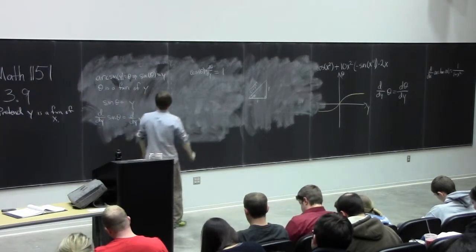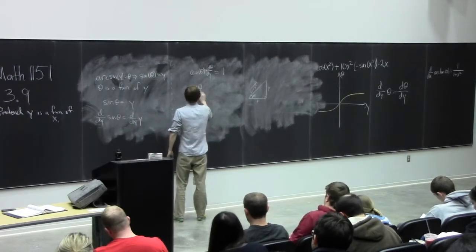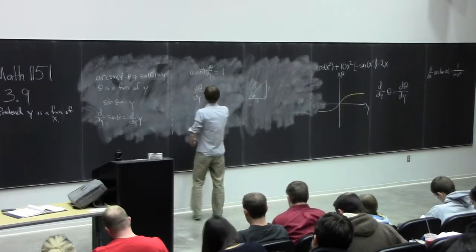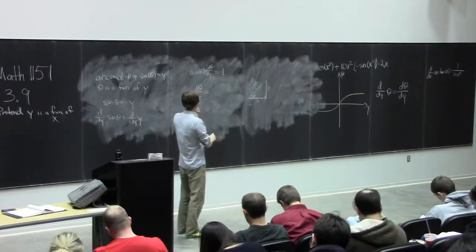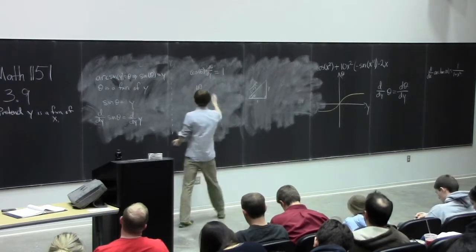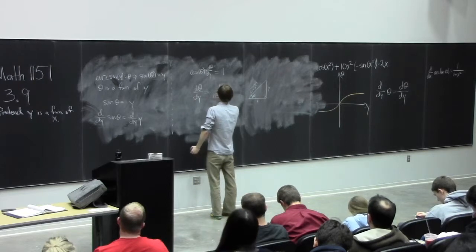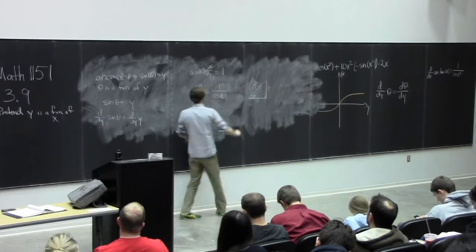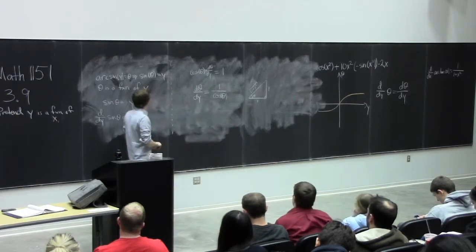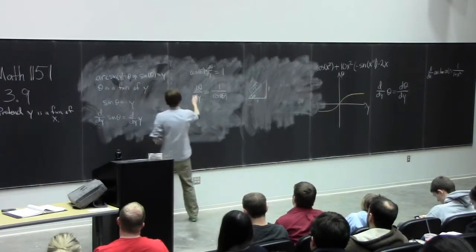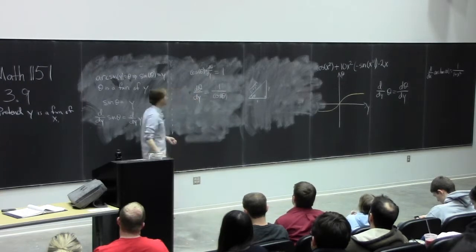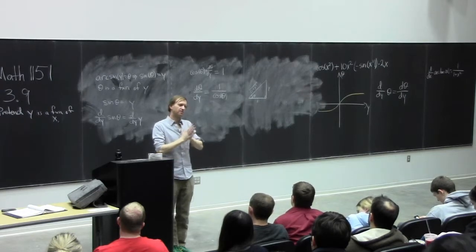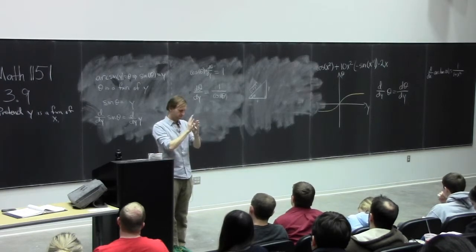Okay, so fine. d theta dy is equal to 1 over cosine theta. But now we have to write that cosine in terms of y.